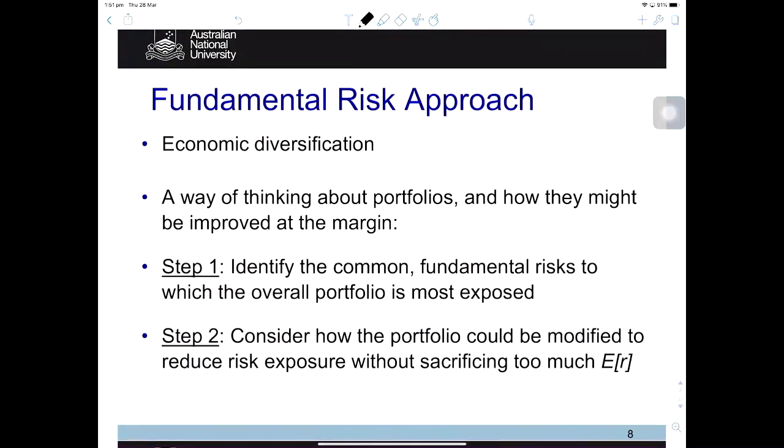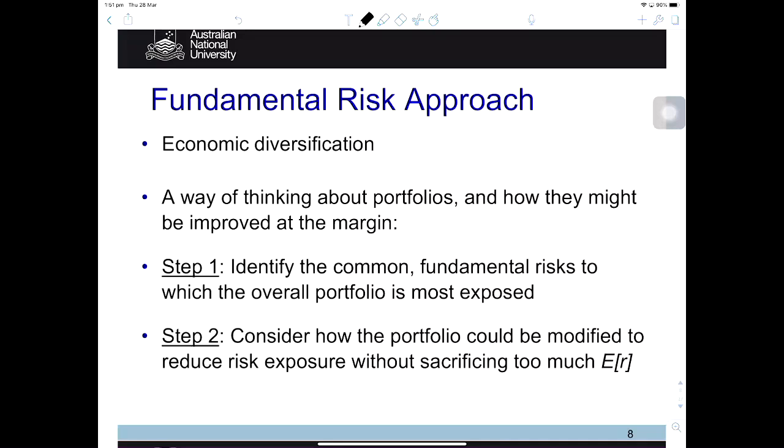Next one is the fundamental risk approach. This fundamental risk approach became very popular about 15 years ago. From the key message of modern portfolio theory, we understand that you've got to diversify, the risk of the portfolio should be assessed on the total portfolio level, and correlation matters.